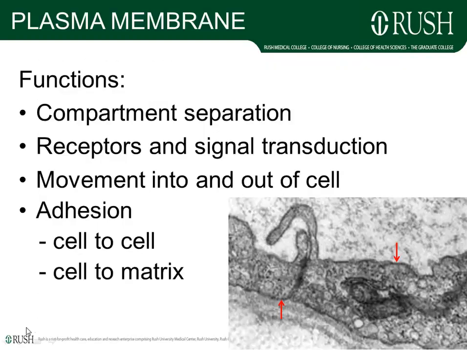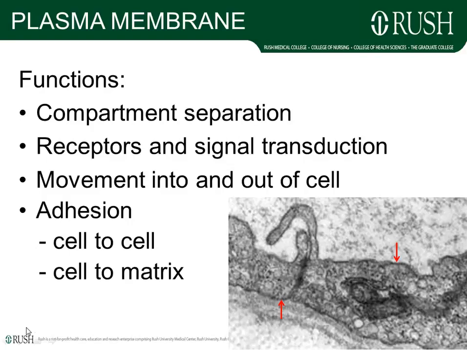So, starting with the very outside of a cell, the first organelle that is encountered is the plasma membrane. The plasma membrane functions to separate the cells, or what's inside the cell, from what's outside the cell, so it compartmentalizes that cell. It has specific receptors or proteins on its surface, and it can transduce signals from the outside in and from the inside out.